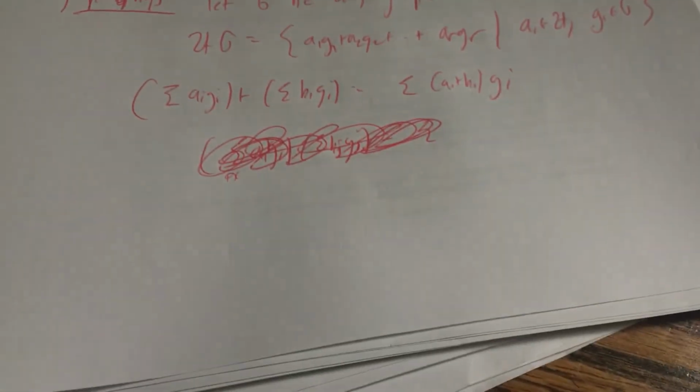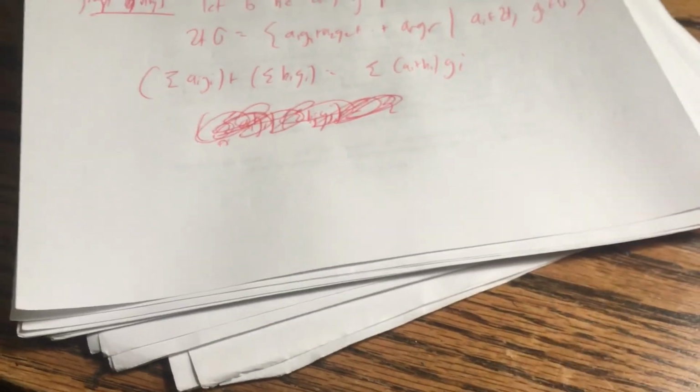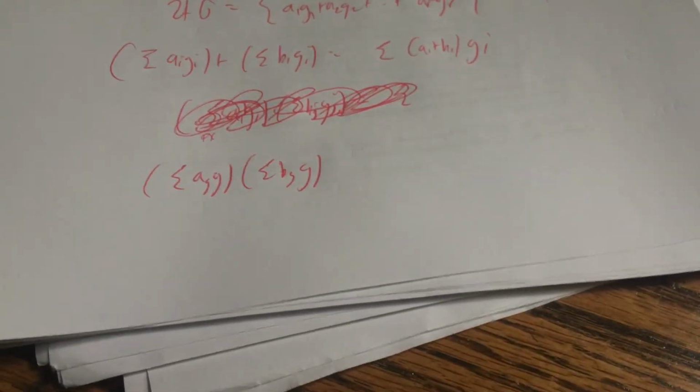Here I was indexing the group elements just by numbers, but Goodman is absolutely right that you should index the elements by elements of the group. So let's denote this the sum of ag times g, times the sum of bg times g. And my laziness really came back to bite me there. Or he calls it bh times h. That's even better.